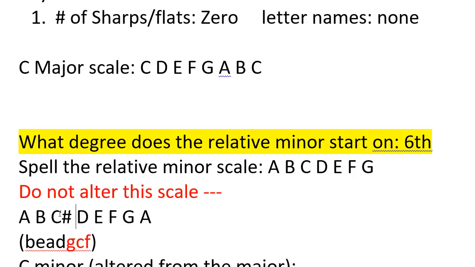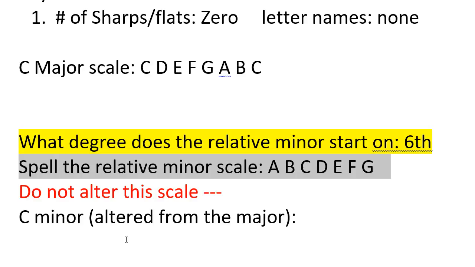C sharp, F sharp, G sharp. That's an A major scale. If you're going to lower this and turn it into a minor scale, you would lower the 3rd, the 6th, and the 7th, which right here, this is our minor scale. That's a long way of saying do not alter this. Whatever you have right here that already is minor, you don't need to do anything to it.